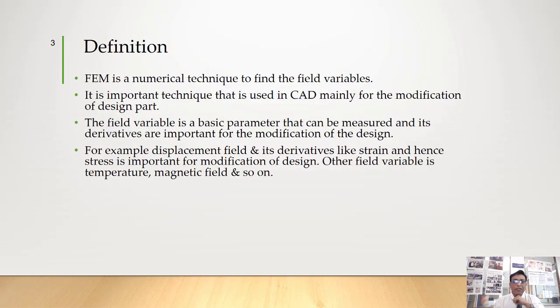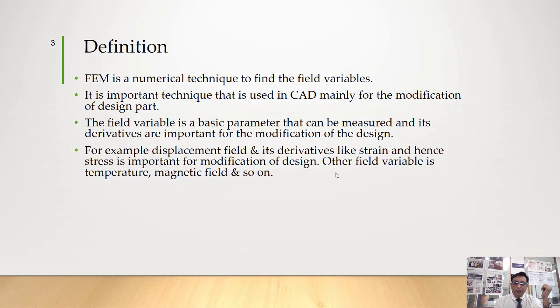The FEM is a numerical technique to find the field variables. Now, what are the field variables? Displacement, stress, strain. In case of an electrical system, the magnetic field. In case of thermal engineering, it is temperature. It is an important technique used in CAD, mainly for the modification of design parts.